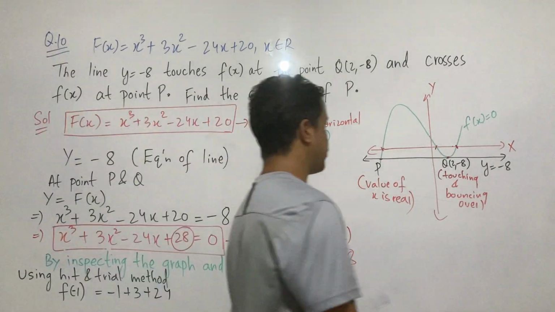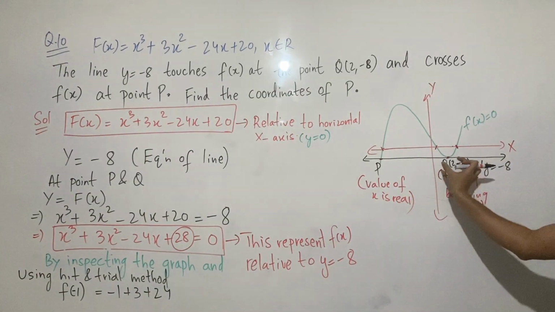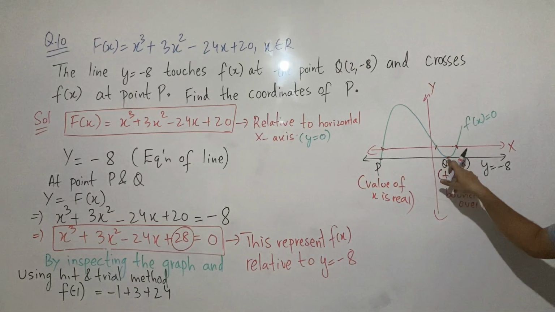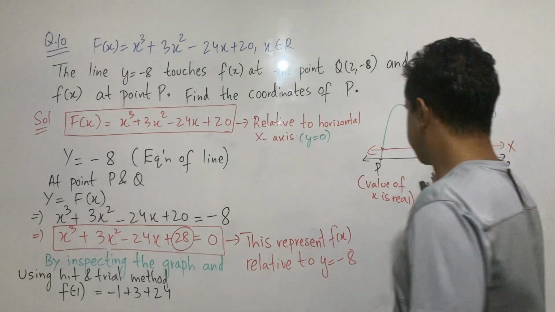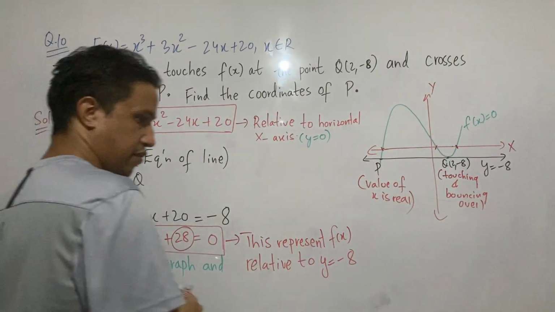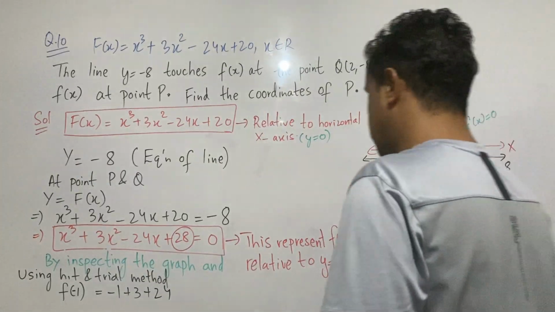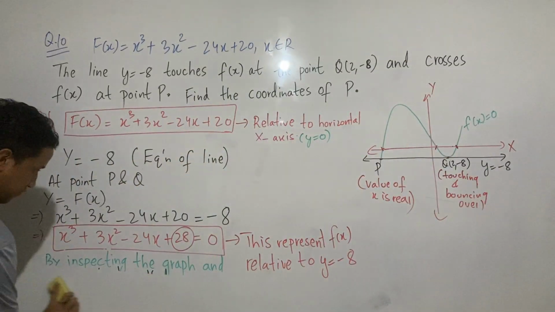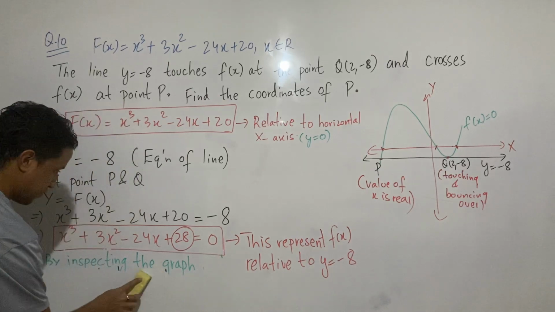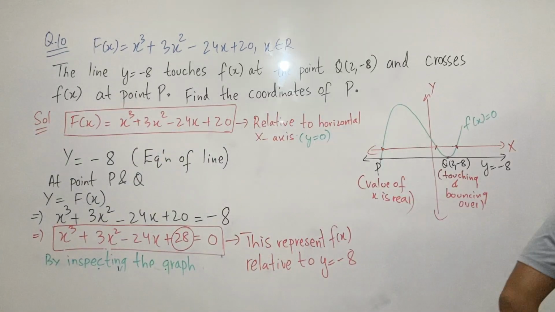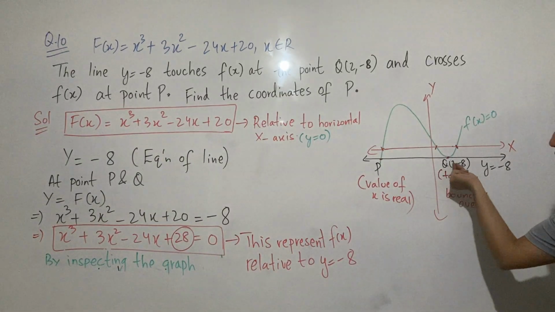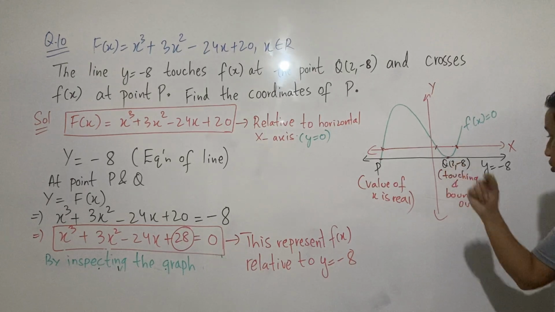Yes, right. If you look at this side, if you look at point Q, if you just inspect the graph, you do not even need to go for hit and trial. You can see that this x is the repeated solution, right?